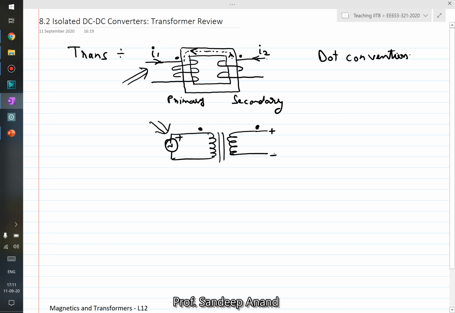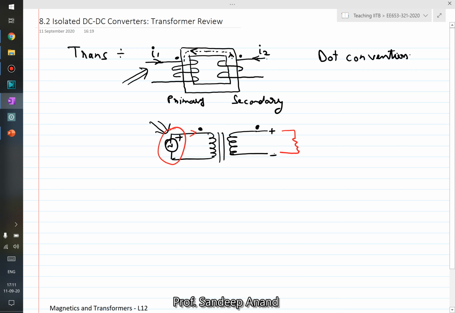There are multiple ways of thinking about it. One way is this: let's say you force a current in the primary side. You connect your source and force a current on the primary side. Now this would produce a flux. On the secondary side, current would start flowing because of the load.